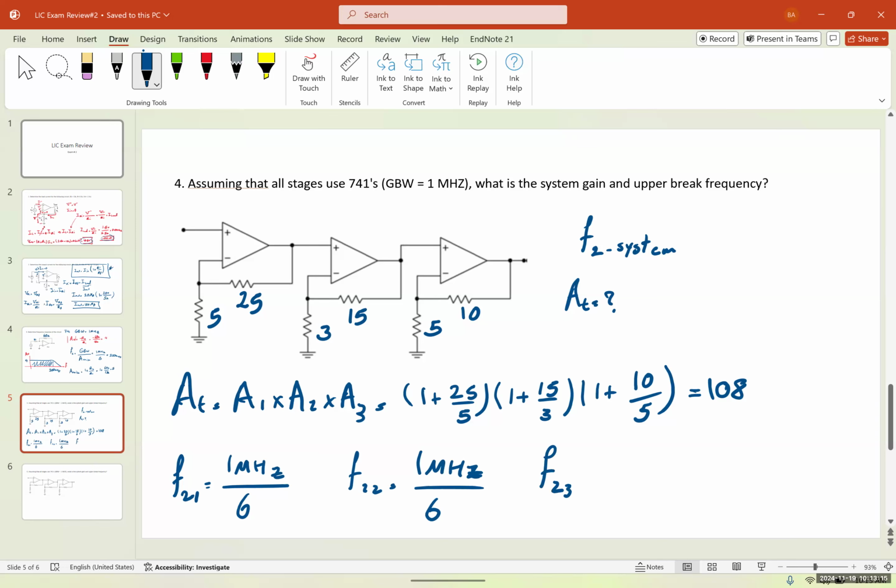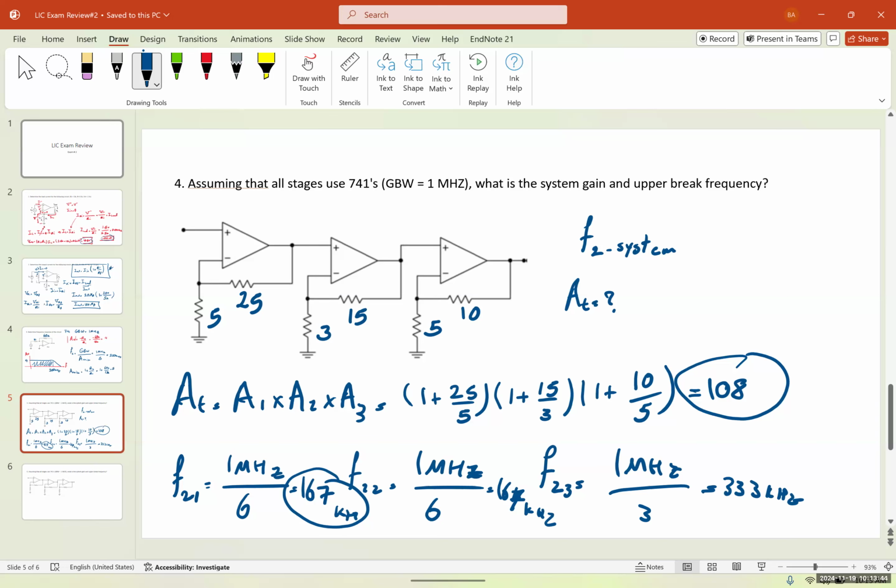And for the third one, it's going to be 1 megahertz over 3. So the first and second are going to be 167K. All of them are in K, by the way. And the third one is going to be 333K. So which one is lower? 167. So this is going to be our upper cutoff frequency. And the total gain is going to be 108.